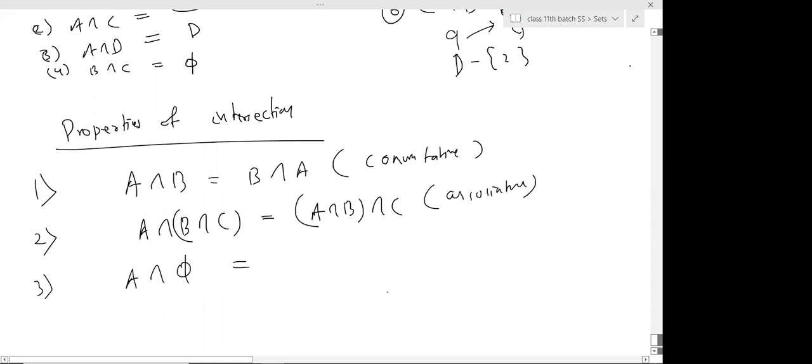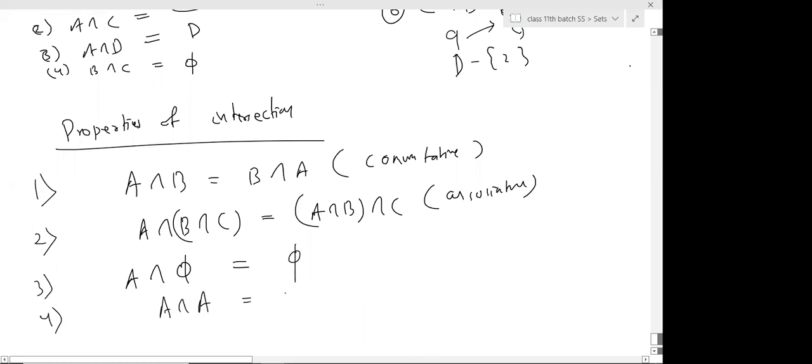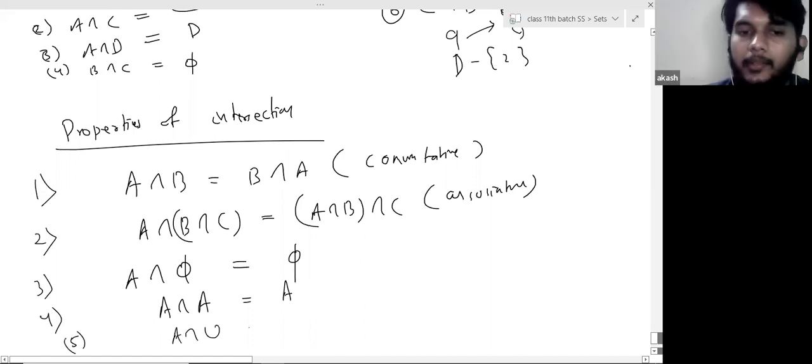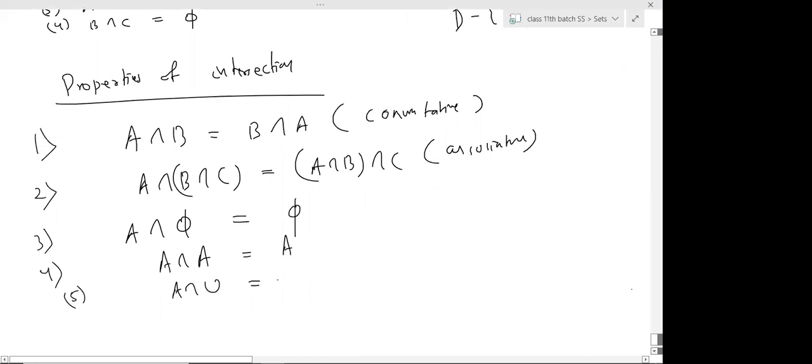It will be phi. A intersection A will be A. And A intersection universal set will be A. Absolutely right.